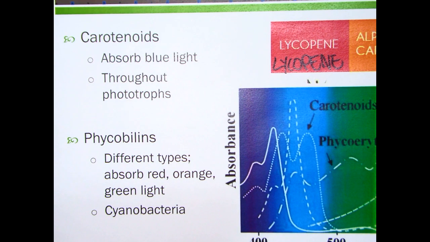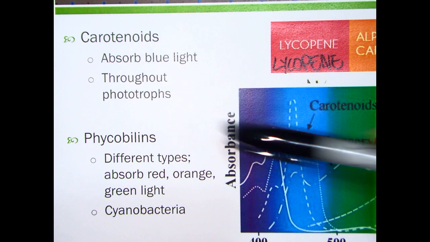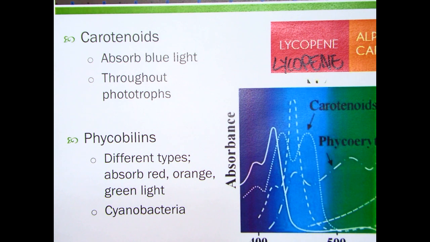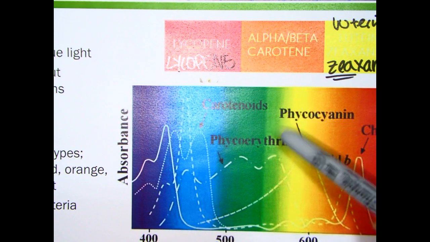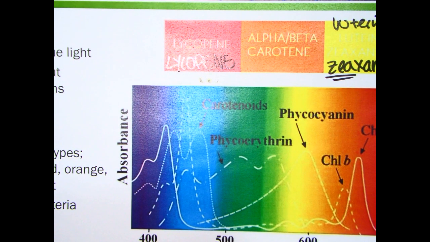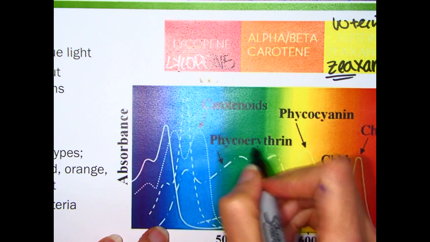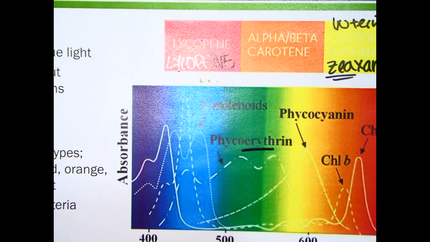The other type of pigment that we will refer back to are phycobilins. There are all different kinds of phycobilins, including phycoerythrins, which, so remember, the color that we can see is opposite of the color that is absorbed, right? And so erythrocytes are red blood cells, and so phycoerythrins, if you get them by themselves, look red to us.